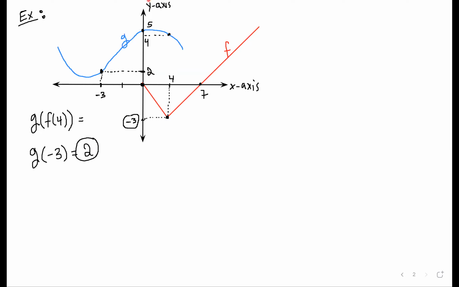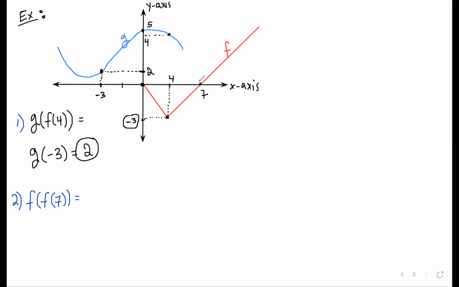Understand? So for example, for f of f of 7. So this is number 1, this is number 2. f of 7.